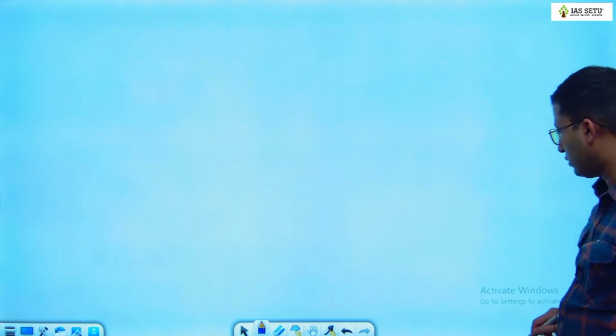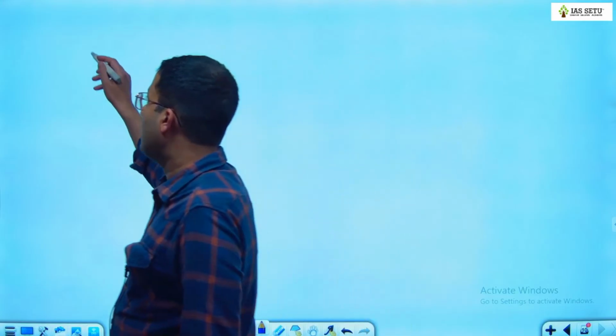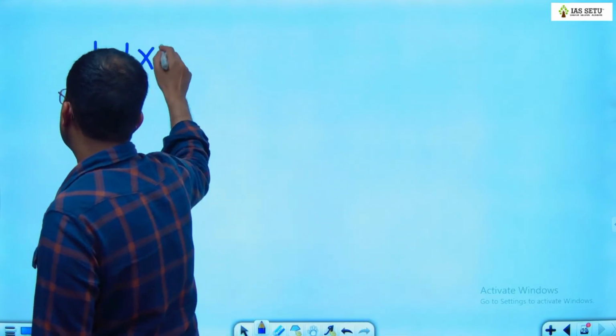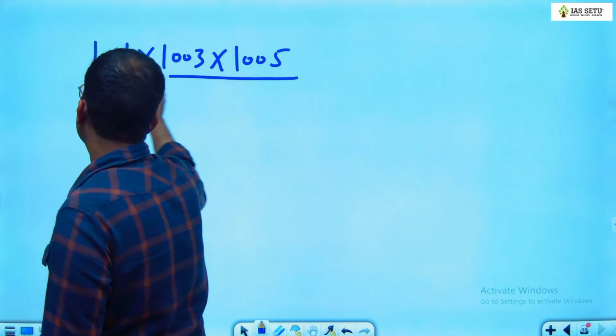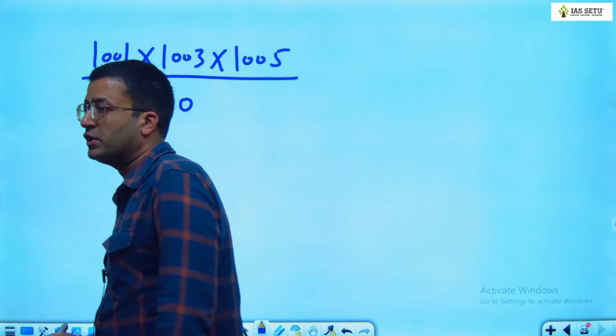That is the concept. Fine. Clear? Try one more. 1001 into 1003 into 1005 divided by 40. What is our remainder?